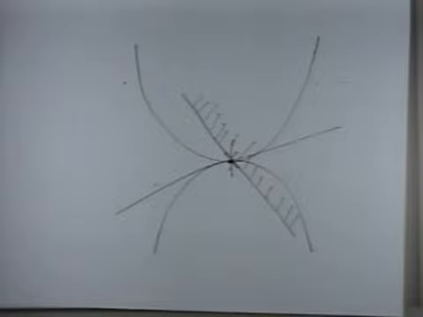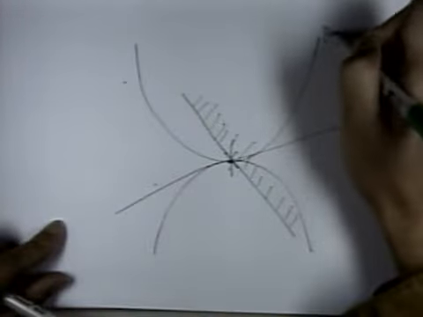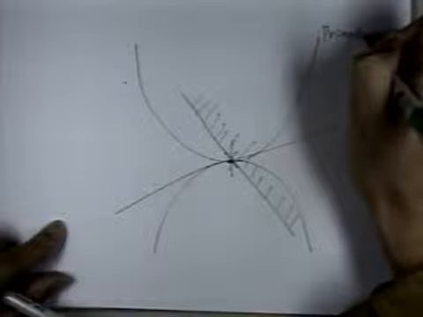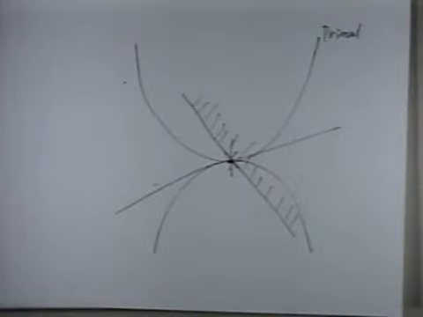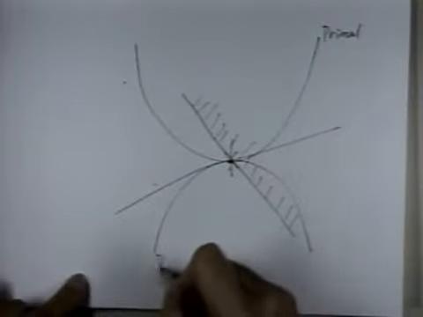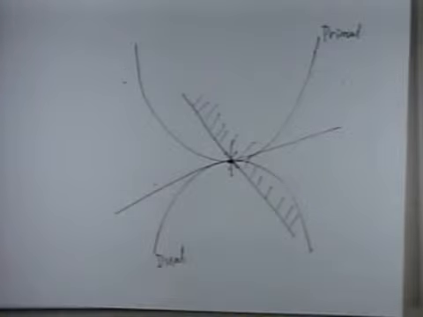Okay, so basically you can think about this as some primal function, and this is some dual function. And then what? For any fixed multiplier, you can have a different primal function.